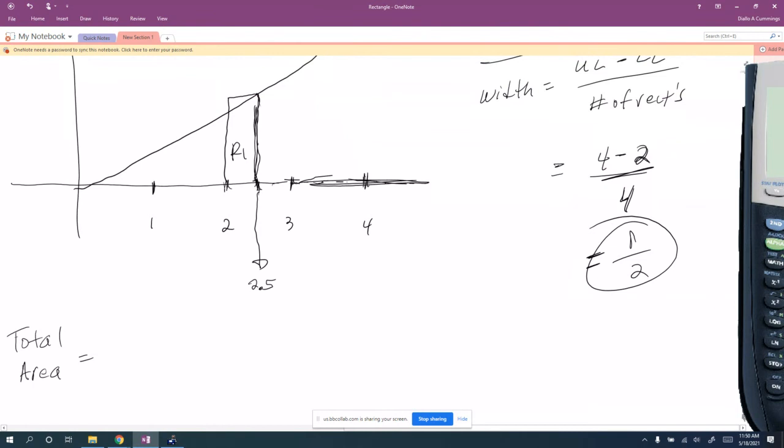So for rectangle 1, in order to find the area of rectangle 1, we must take the width, which we calculated as 1/2, times the height, which is f of 2.5.